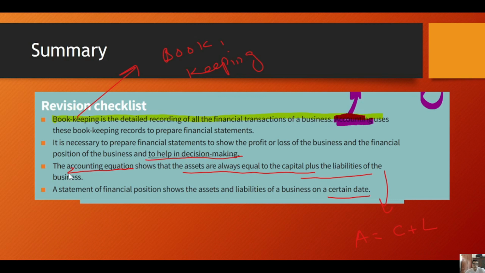The accounting equation shows that assets are always equal to the capital plus the liabilities. Okay, this is the key in the rest of the chapter. In all the rest of the numerical problems you have to solve. A statement of financial position shows the assets and liabilities on a certain date.